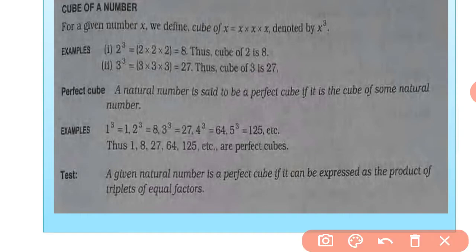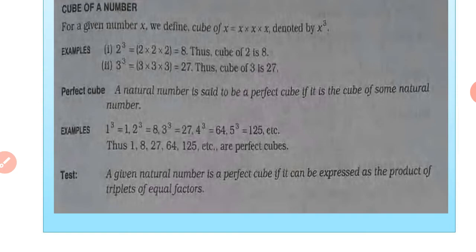Similarly, if we take 8, 8 is also 2 into 2 into 2. So 2 is multiplied by itself 3 times. That means 8 is also a perfect cube number, and 1 is also a perfect cube number. So in this way we can say that 1, 8, 27, 64 and 125 are perfect cubes.